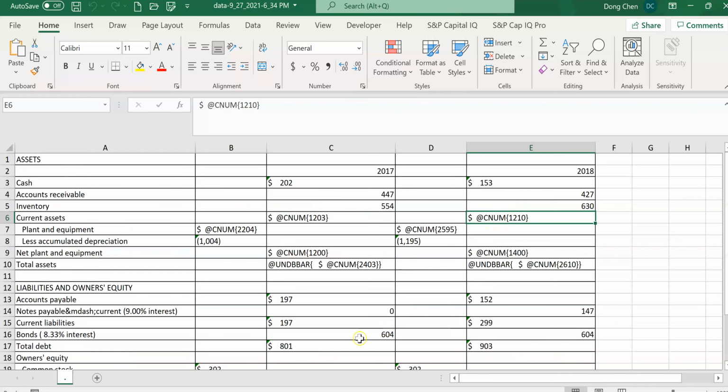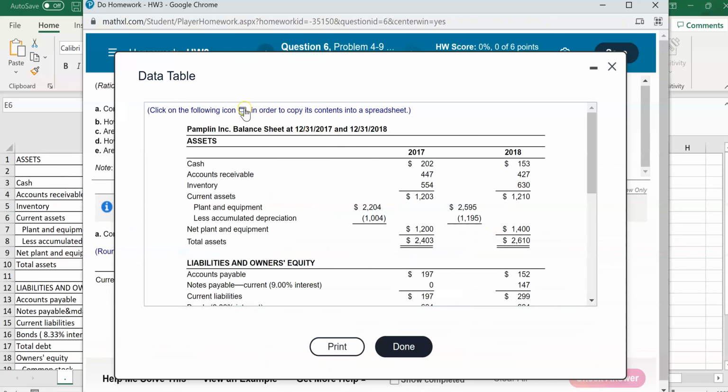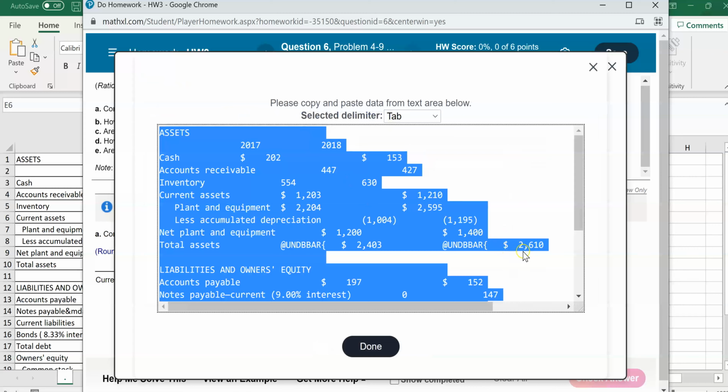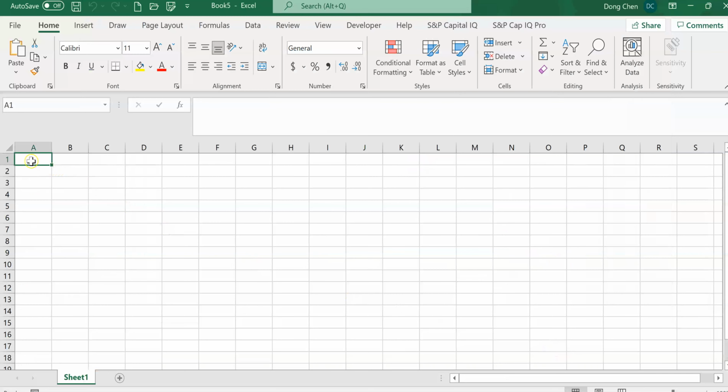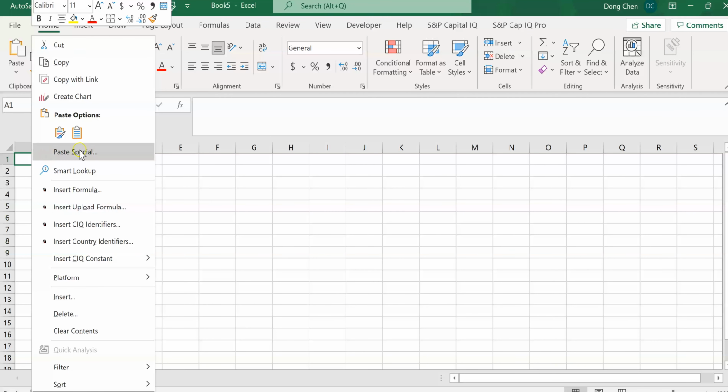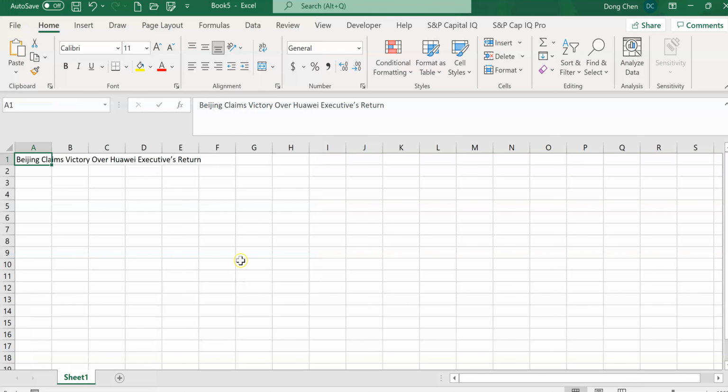So let's see, is there any copy to clipboard, and then let's see, can I manually copy this or paste this? So let me try this. Oh, what's that?